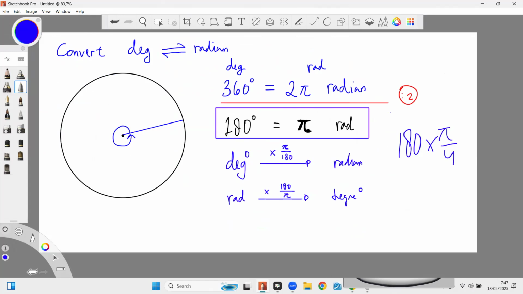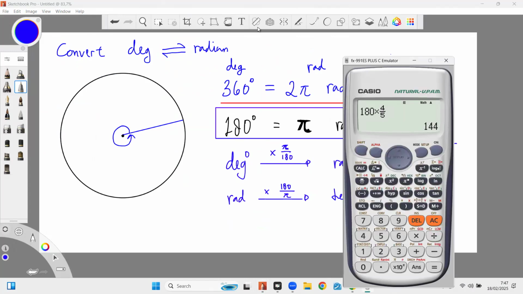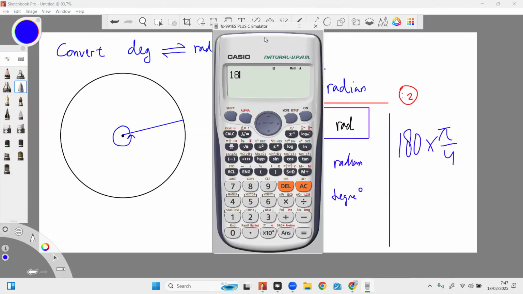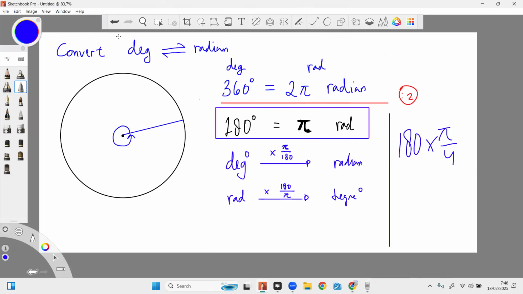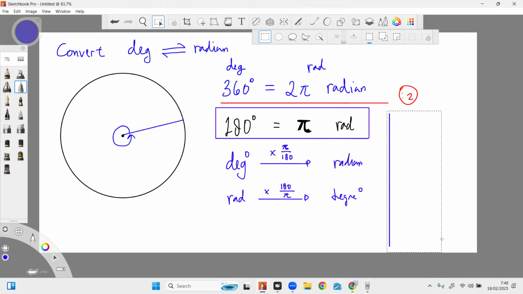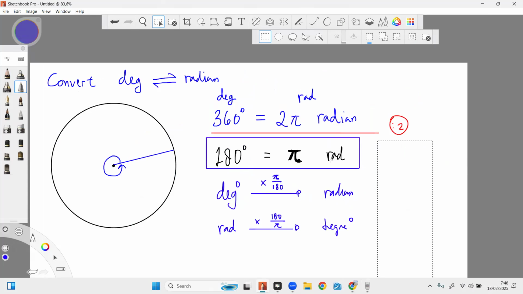According to the calculator, 180 you multiply by pi over 4. Just do this, right? We have 45 pi. Wait, what did you do here? Okay, for example, this. Do you have to convert to this? No need. Yeah. Just do it in terms of pi. Just for your info, no need to convert the pi as 3.14. Get it, David? Yeah, that's the way you do the conversion of degree to radian.